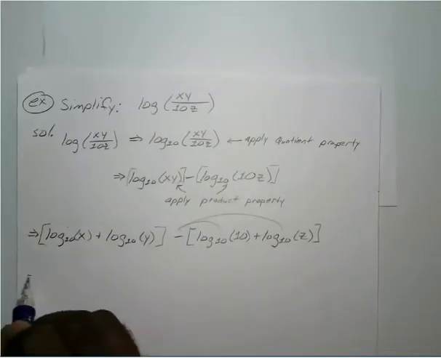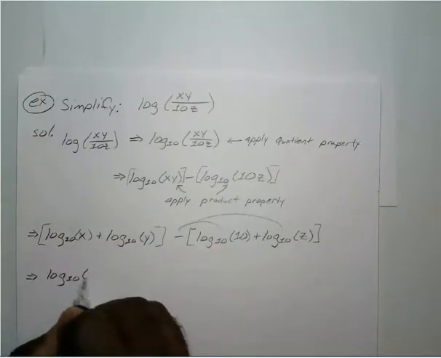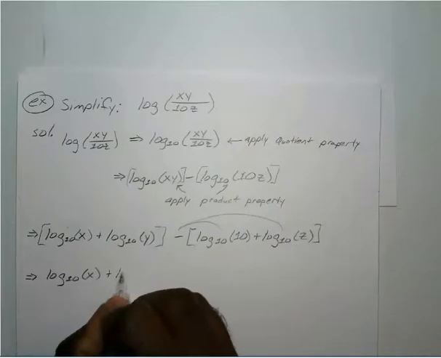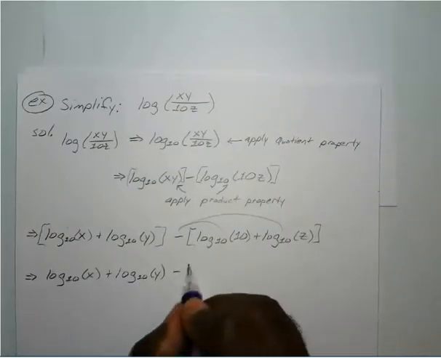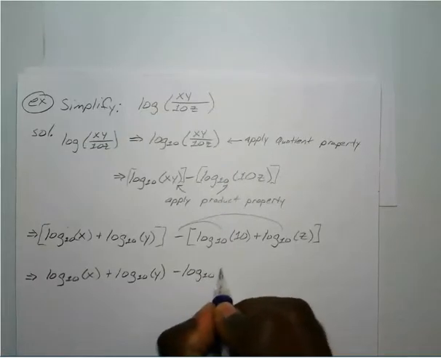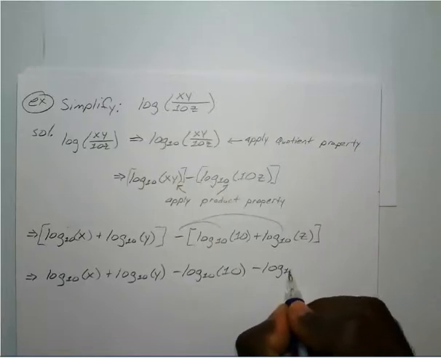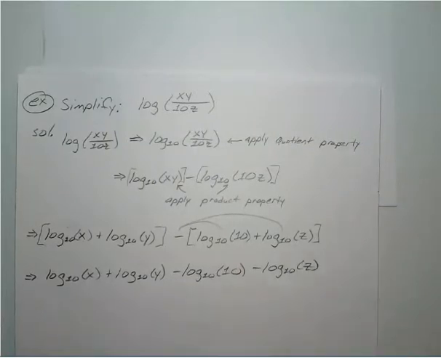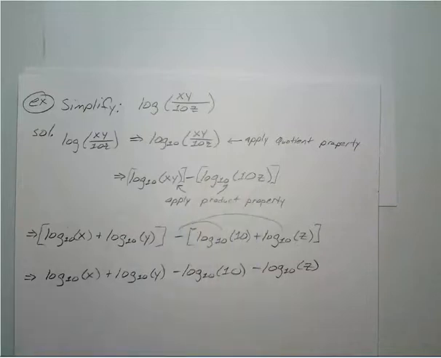So if we simplify this, it becomes log base 10 of x plus log base 10 of y minus log base 10 of 10 minus log base 10 of z. Whenever you have that minus, it applies to the whole term, even after you separate it.